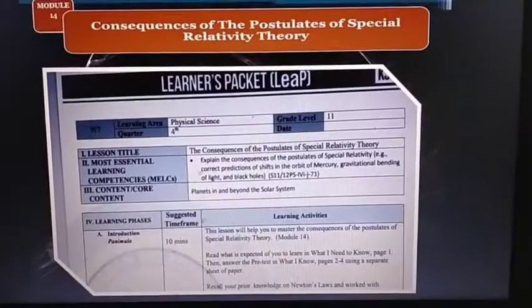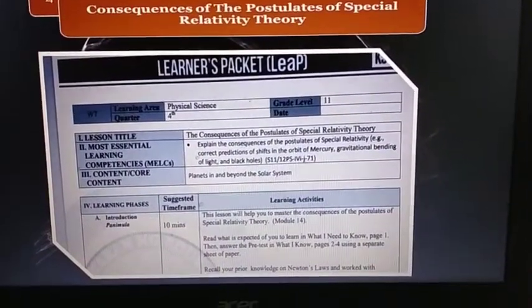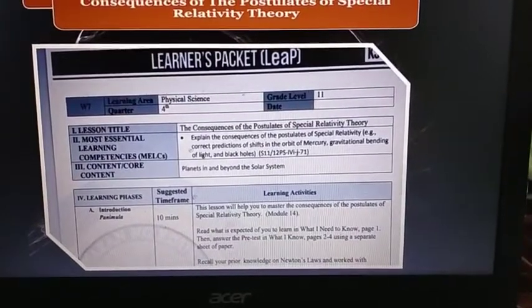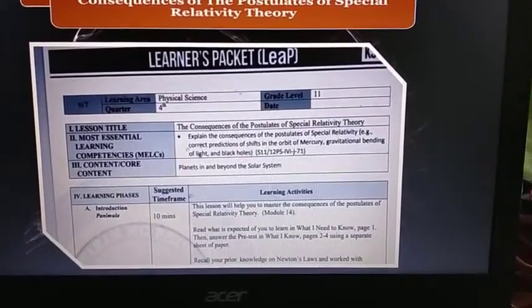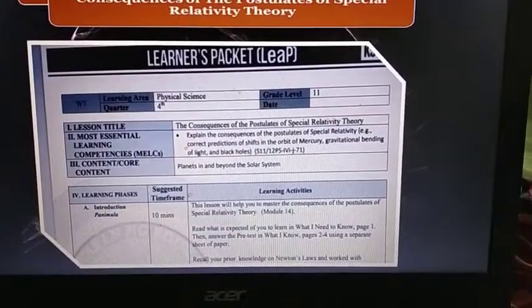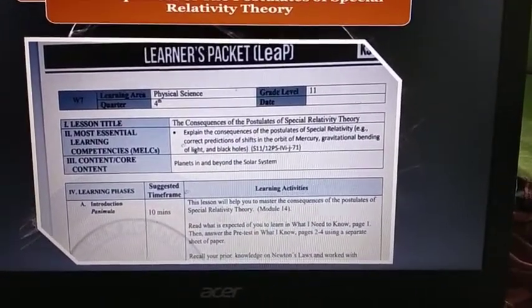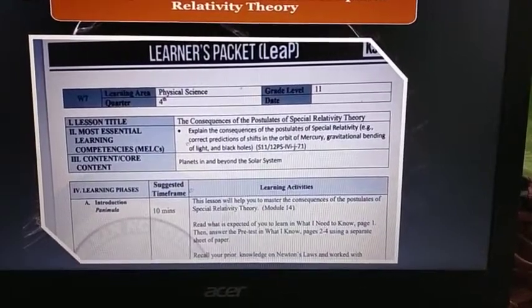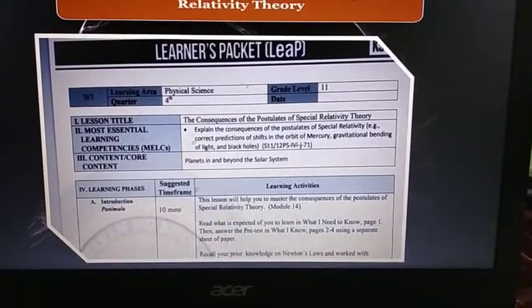Okay, for our learning target for this video, consequences of the postulates of the Special Relativity Theory, our most essential learning competency is to explain the consequences of the postulates of special relativity.